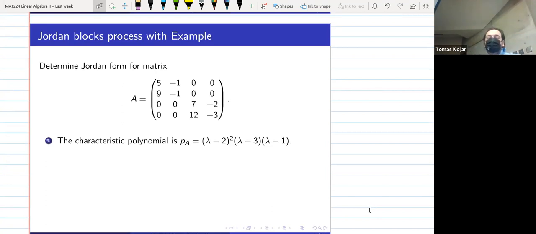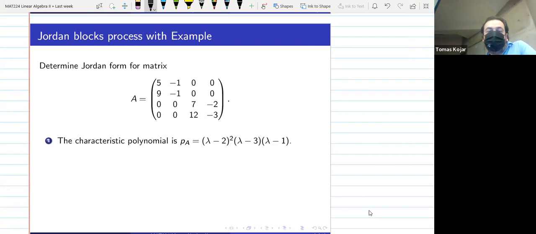I understand this is a big matrix. So how do we find the characteristic polynomial?